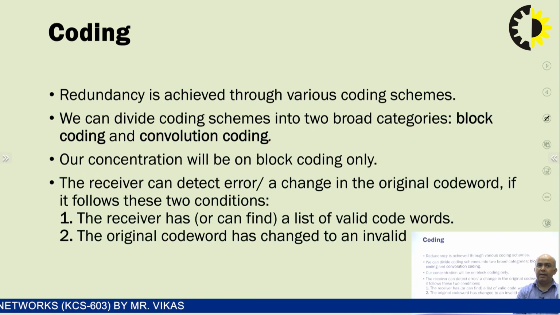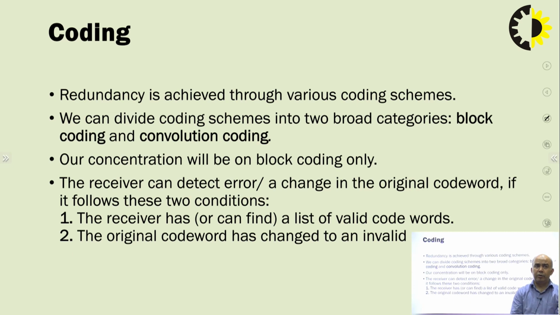Generally, in error control, we use coding mechanisms. Redundancy is achieved through the various coding schemes in error correction or detection. We divide coding schemes into two categories: block coding and convolutional coding. Here, we are focusing on block coding only.